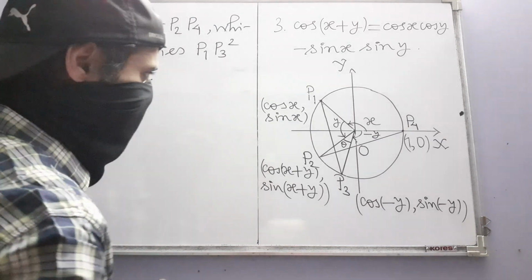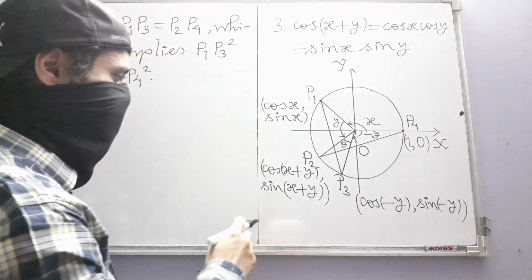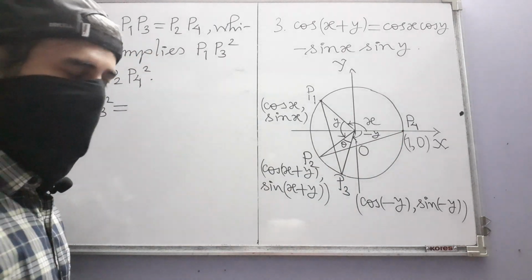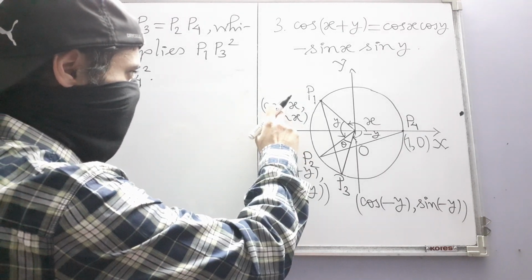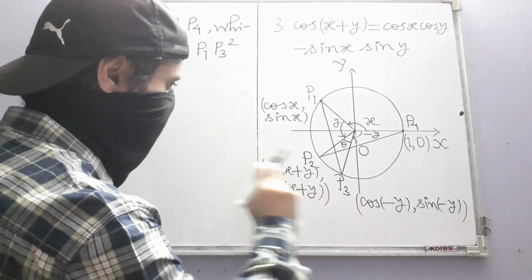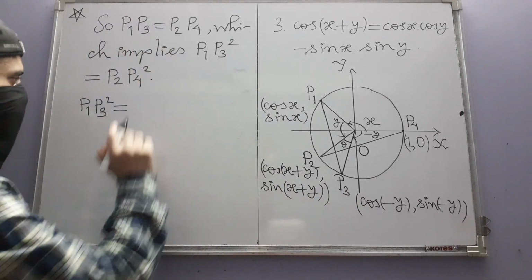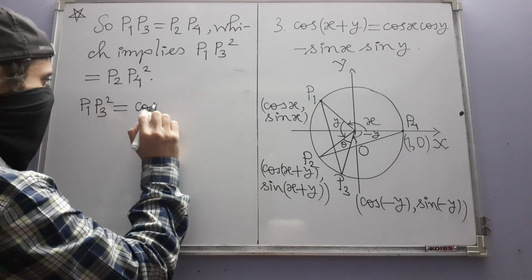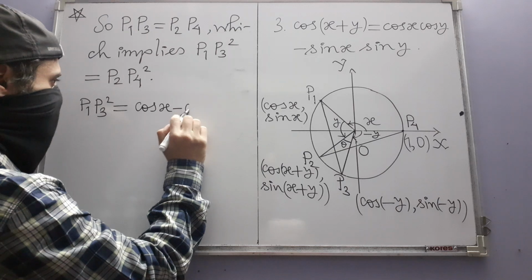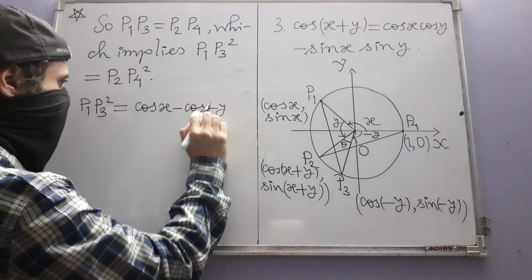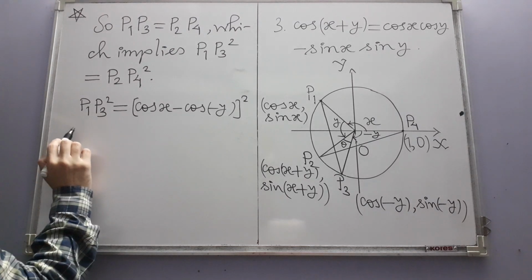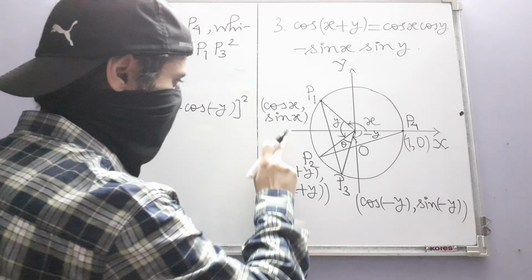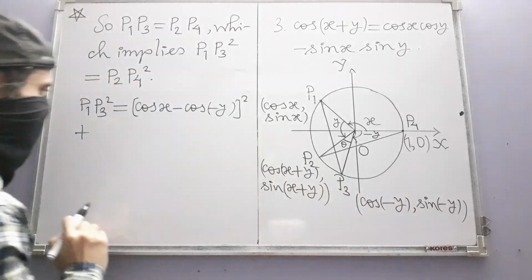So for getting the radical, we just have to take the sum of the squares of differences. The x coordinates of P1 and P3 are cos x and cos minus y. So cos x minus cos minus y, square. Then the y coordinates are again sin x and sin minus y.